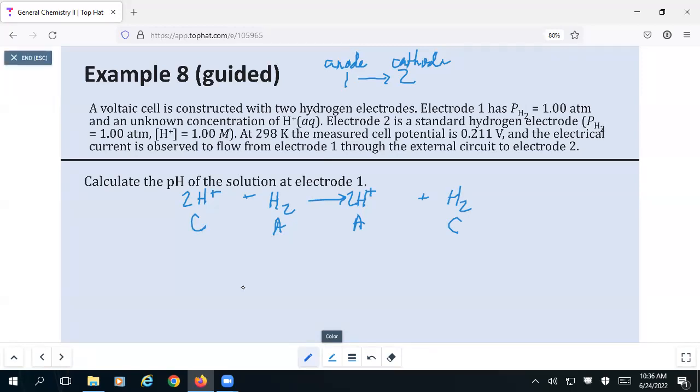Now, since we have identified the cathode and anode, we can now identify which electrode is which and apply the appropriate values. So the hydrogen ion in the reactants is the standard hydrogen electrode. That's a 1 molar solution.